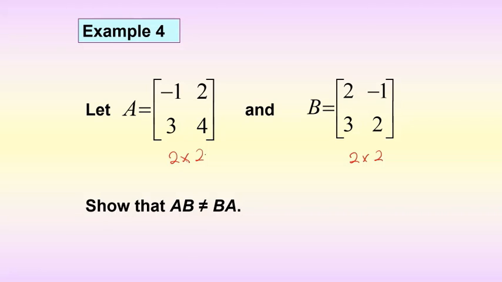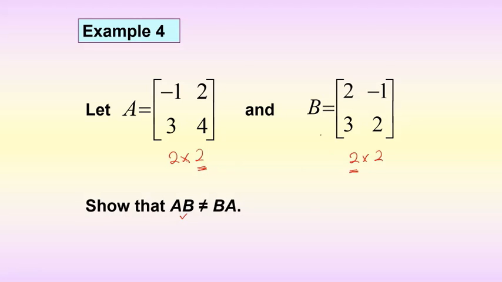Check the rows and columns. We have 2 here, and this one is also 2, so we can perform the operations for A times B. How about BA?